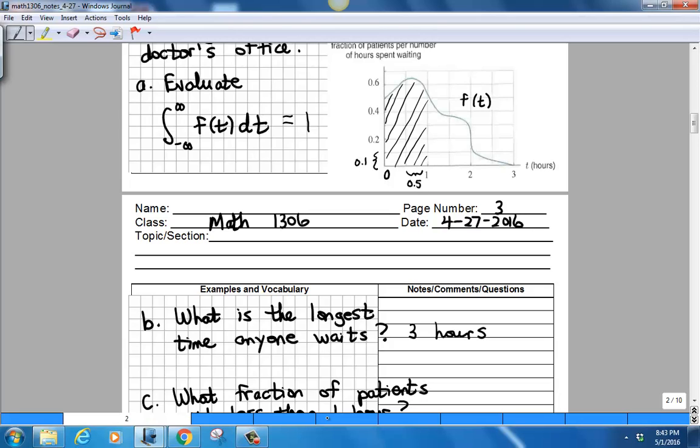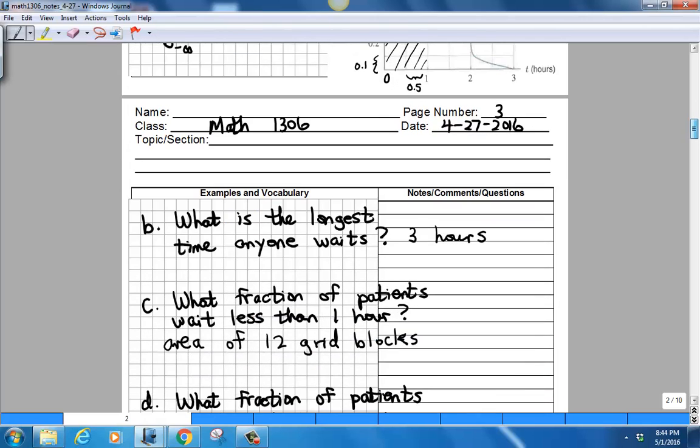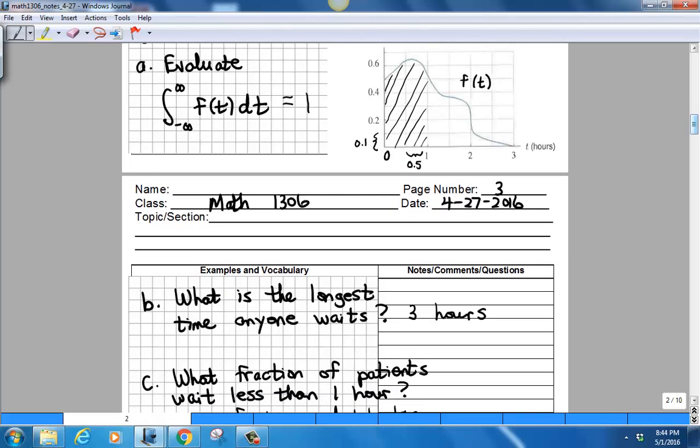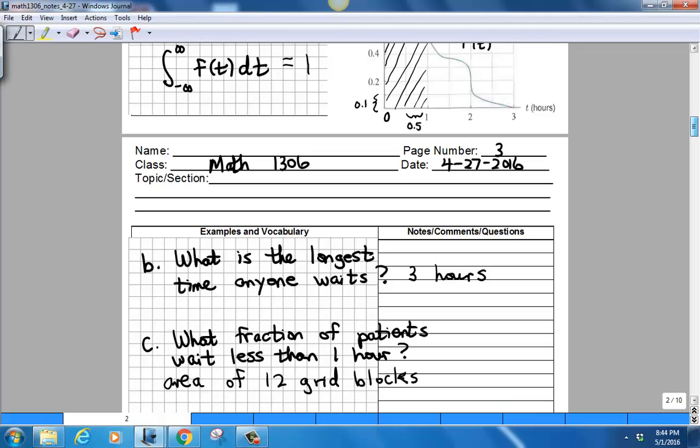So the height of each one of the grid blocks is 0.1, and the length of each one of these grid blocks is 0.5. So altogether, I think the area of each grid block would be 0.1 times 0.5, height times length. That's how you calculate the area of a rectangle.